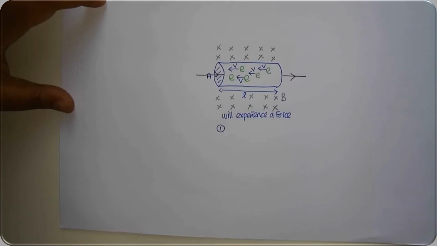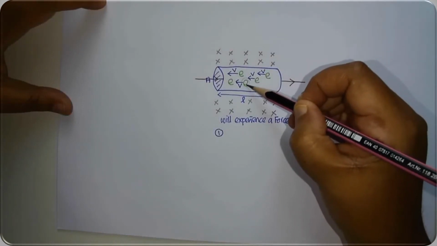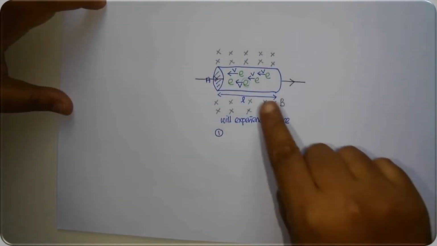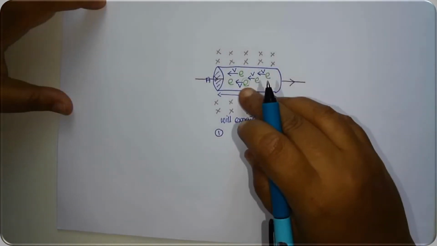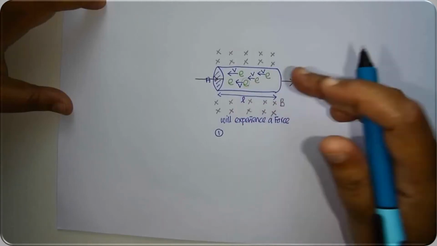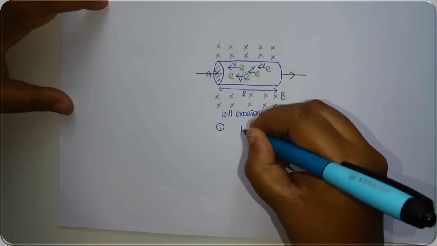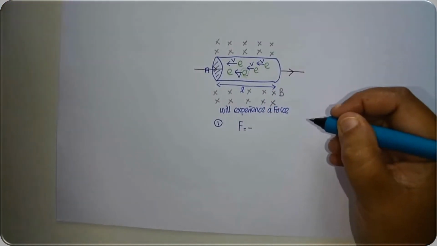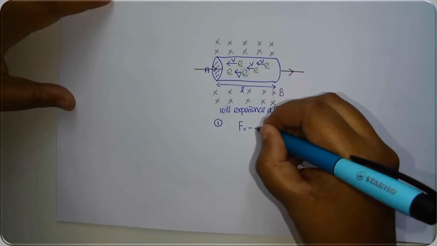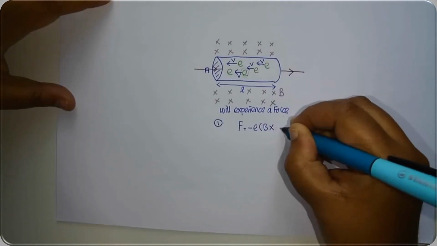Is to find the force on this negatively charged particle, which is this electron. So we are going to look at this electron first. The force experienced by this negatively charged particle can be stated as F equals negative, either I can put Q or I can put e, B cross product v.